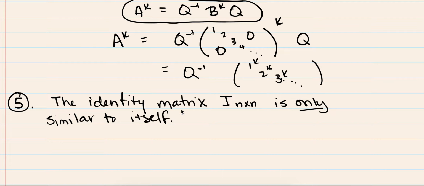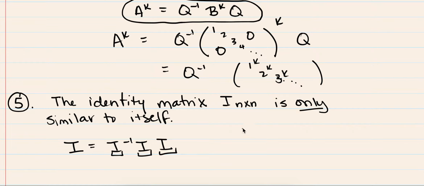In other words, there's no other matrix A that's similar to the identity matrix. Why is that? Well, obviously, I is equal to I inverse times I times I. So I is an invertible matrix, and you can see that I is similar to itself because you can put I here and here and you get I, so no problem there.